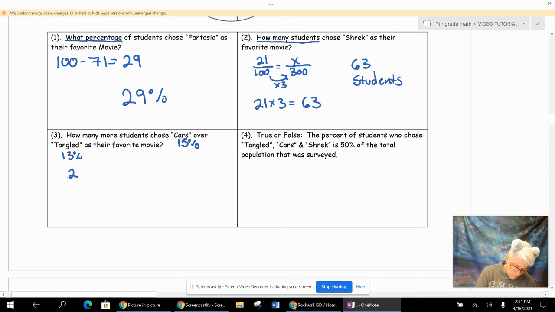So I'm going to do the 2% over 100. And remember, there's 300 students. And again, I can do the same math here. I can just go 100 times 3 and 2 times 3. 2 times 3 is 6. So 6 students. That was pretty fast.